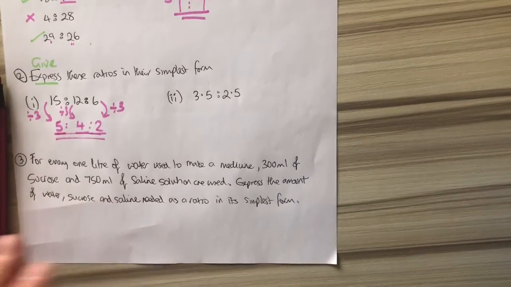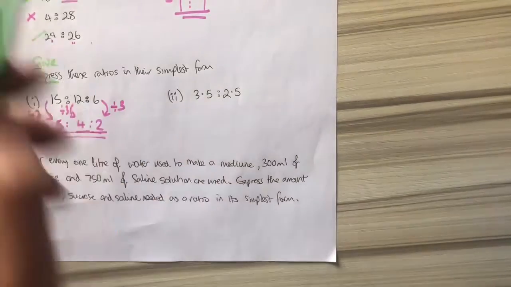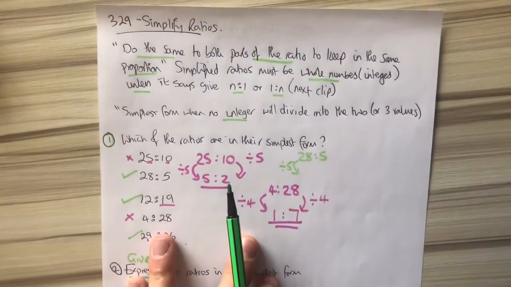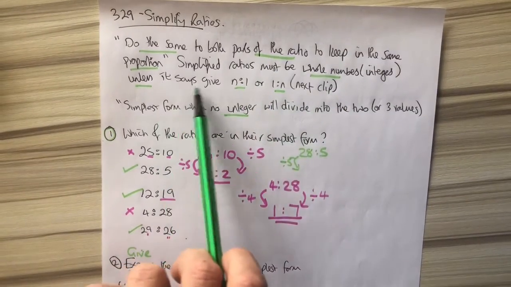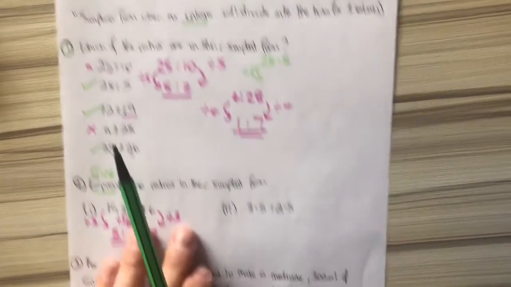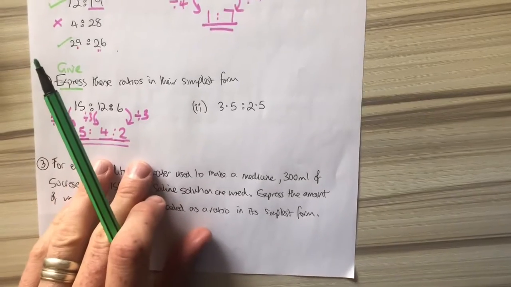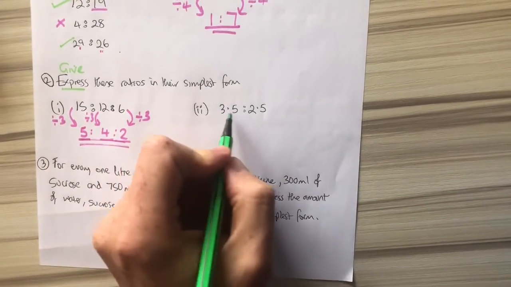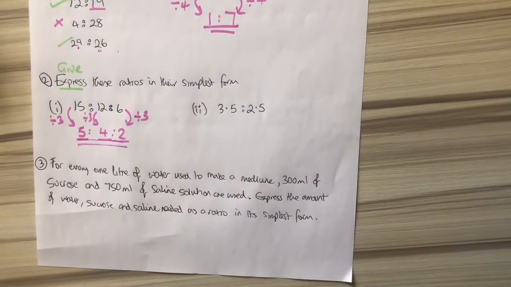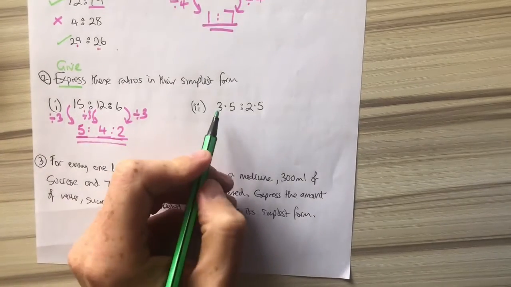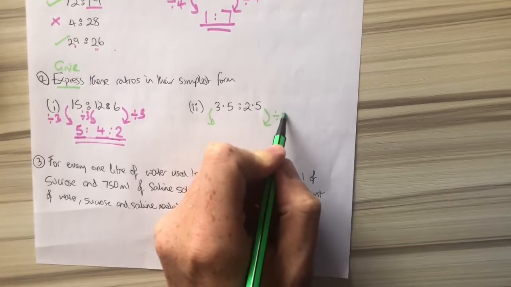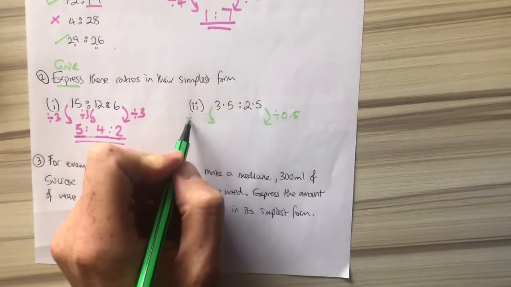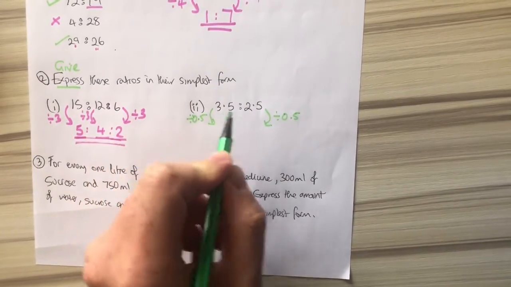Next one. Right, you've got decimals. If we go back up to the top and read what we put as the notes at the top. Simplified ratios must be whole numbers unless it says give n to 1 or 1 to n. Well, this one doesn't say that, but it's 3.5 to 2.5. So what would go in to 3.5 and 2.5? Well, if I divide that by 0.5, how many go in?